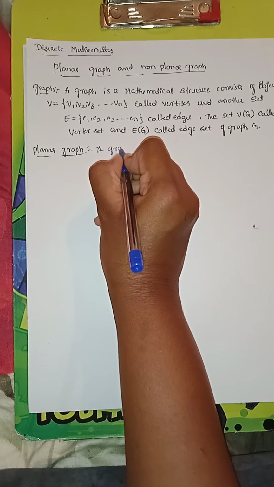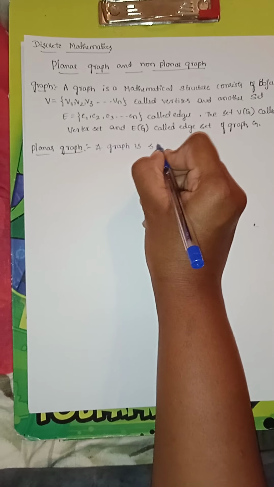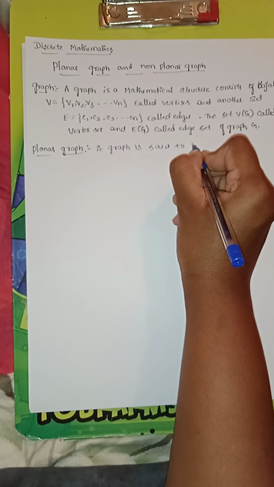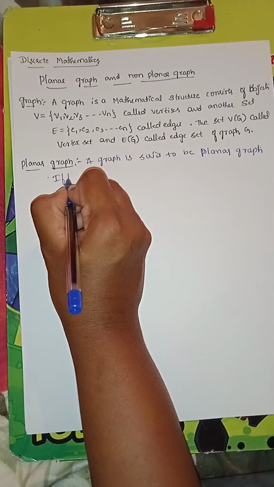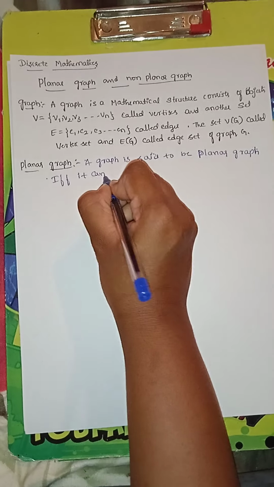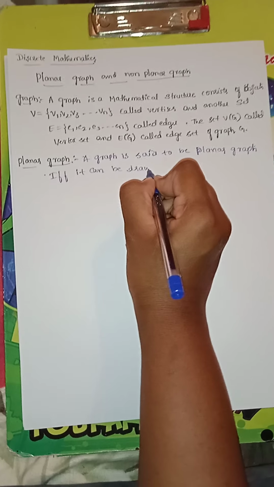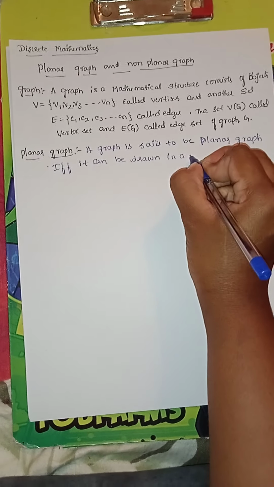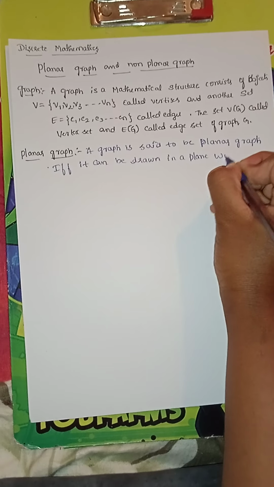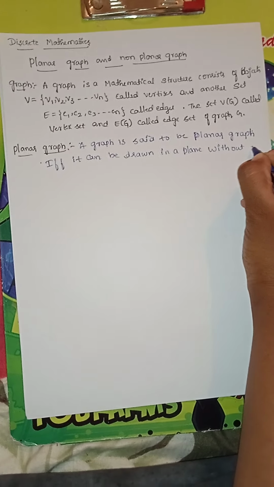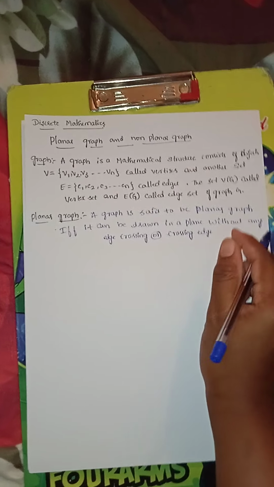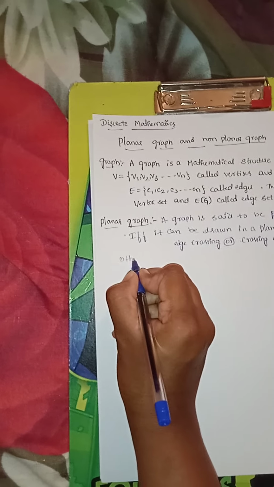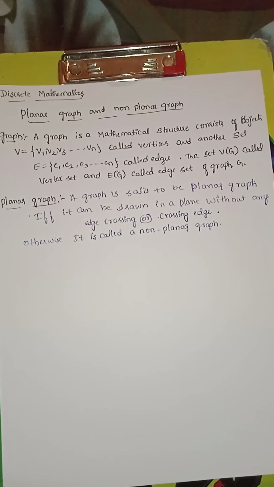A graph is said to be a planar graph if and only if it can be drawn in a plane without any edge crossing or crossing edges. Otherwise, it is called a non-planar graph.